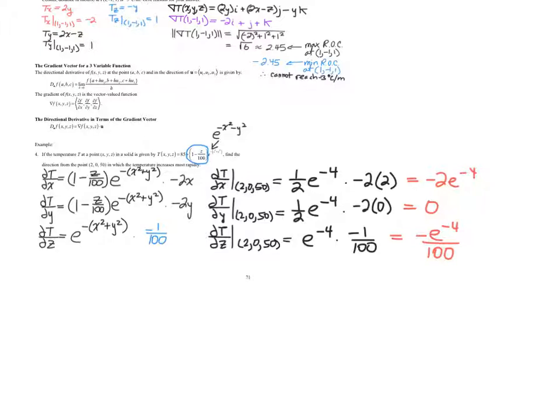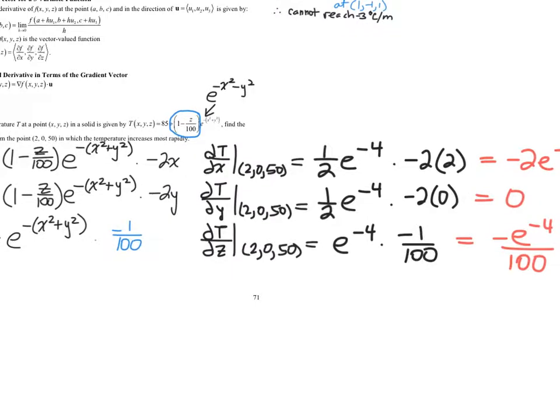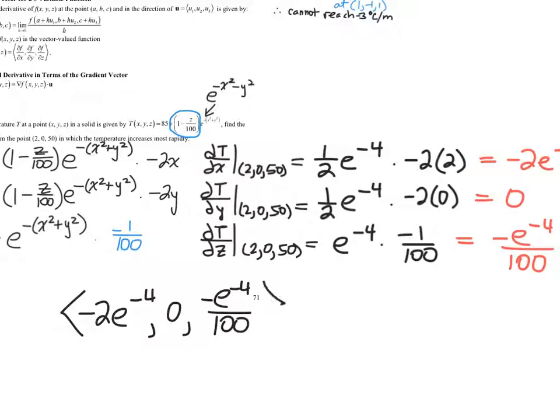So what I want to do is make this gradient, find the direction from, oh, it's just asking for a direction, so that's all we need. So -2 e to the -4th, 0, negative e to the -4th over 100.